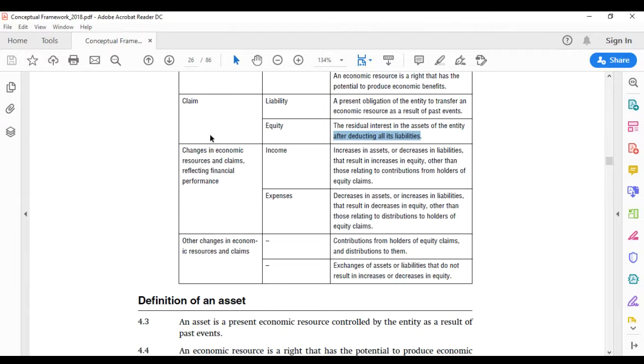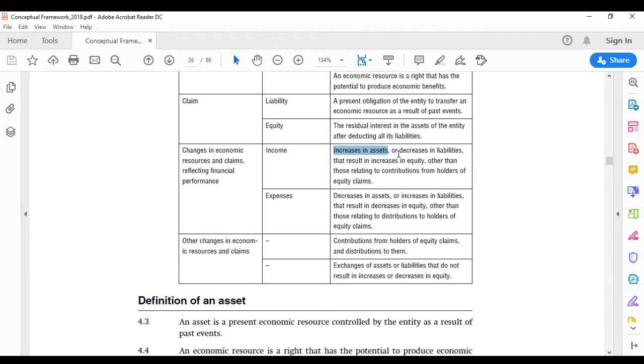Okay. Then when it comes to the changes in economic resources and claims, we said it can either be through expenses or income, or through changes in equity, right? Like we have here, changes in economic resources, but this is due to equity changes and not due to profits or losses. So what is income? An income is an increase in assets, right?